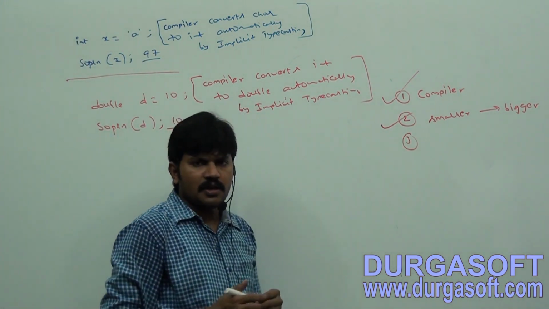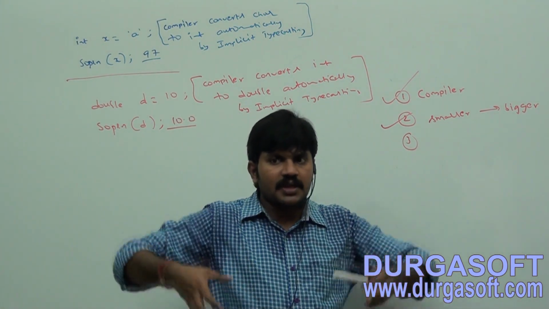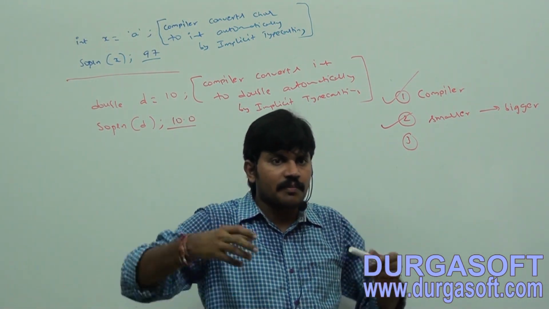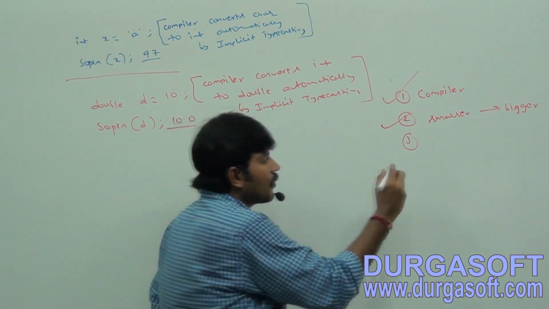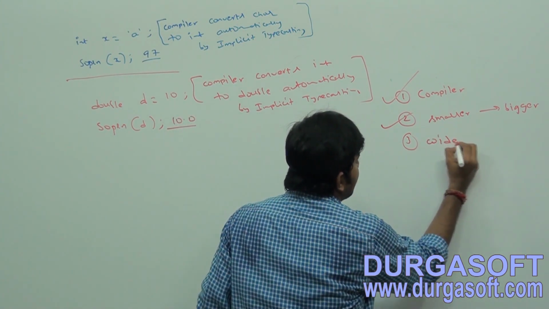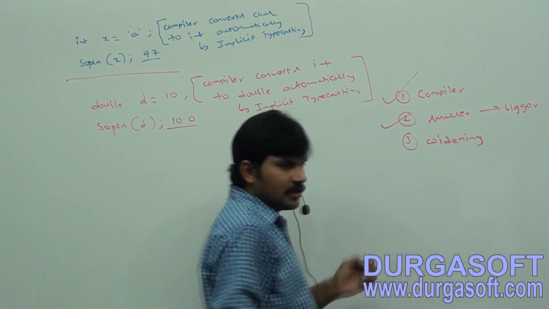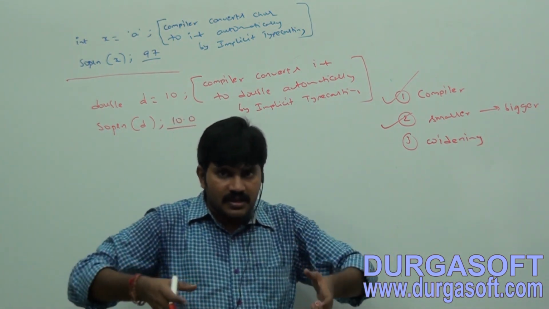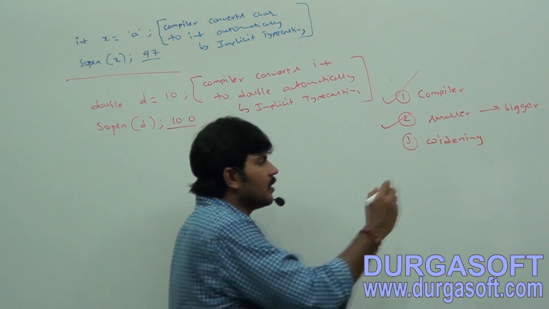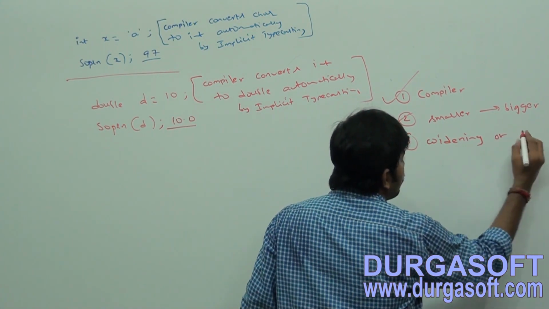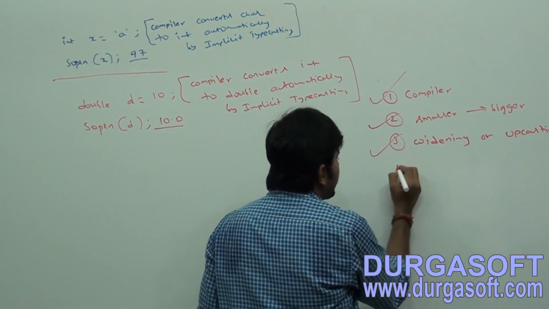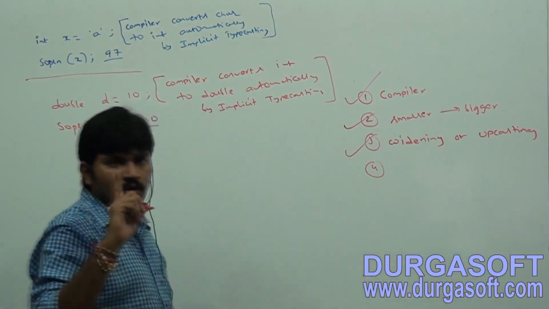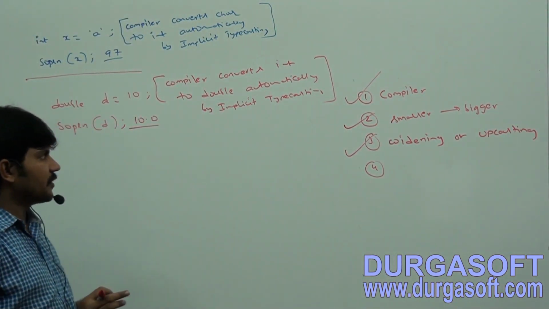Next, keeping a small value in a big container. Do you know what this concept is? It is also known as widening or upcasting, right? Now the fourth conclusion, make sure you are aware.